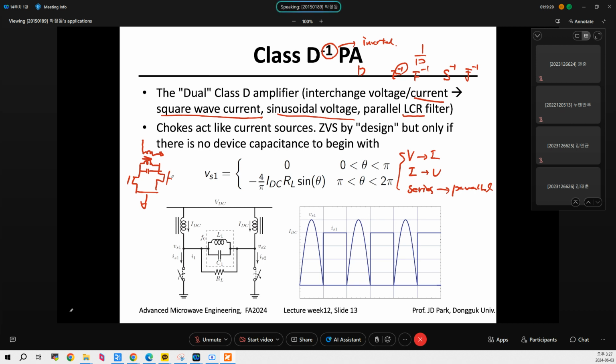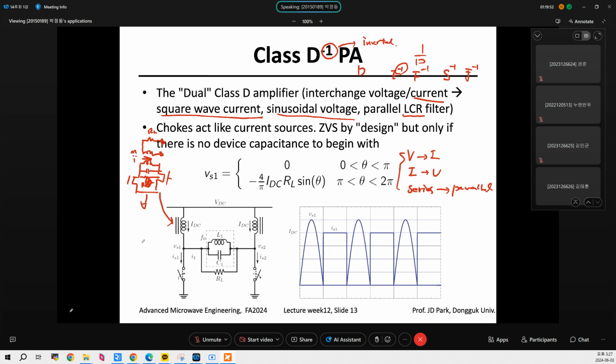That's it. This RL may be placed over here, it doesn't matter. If this is N to 1, then effectively here it is RL N1 over N square. So it doesn't matter.